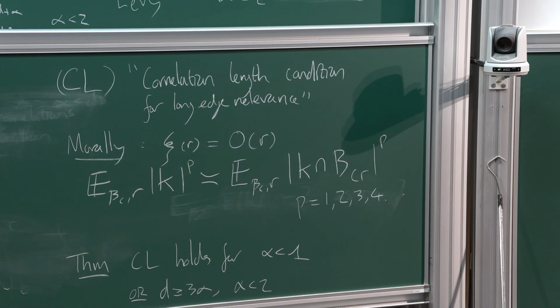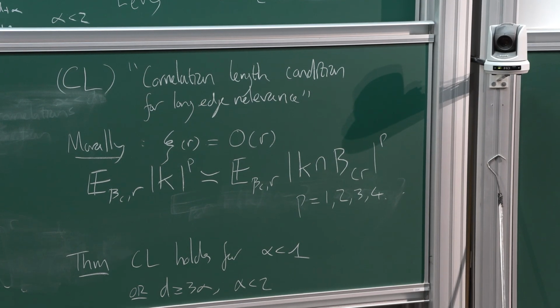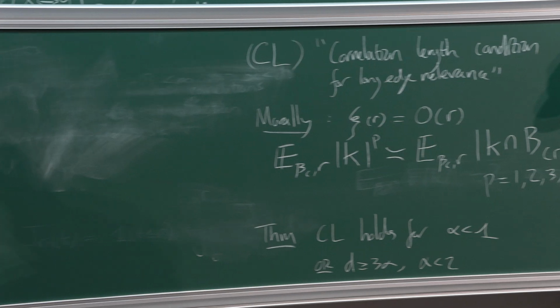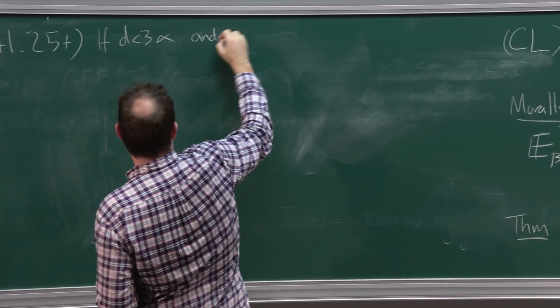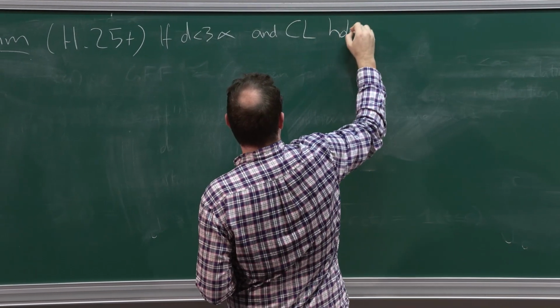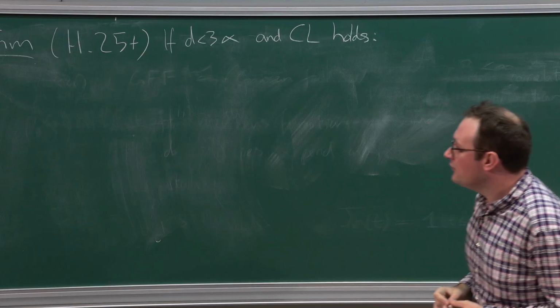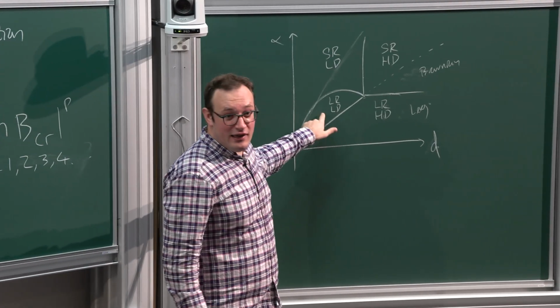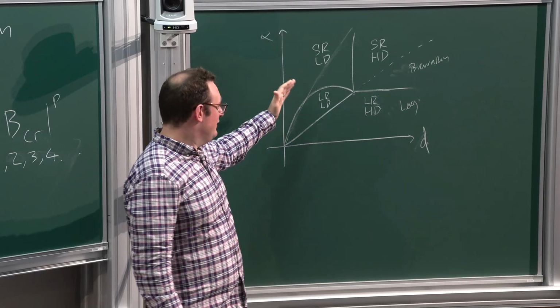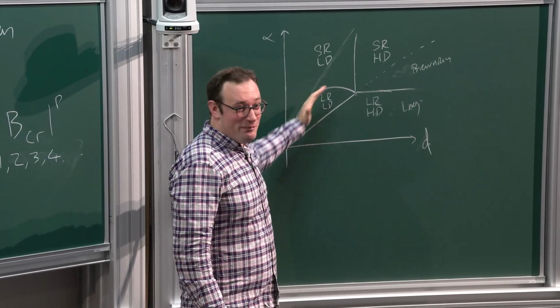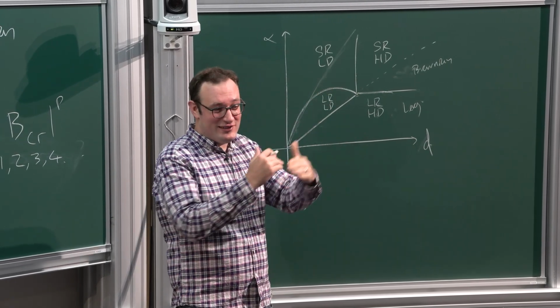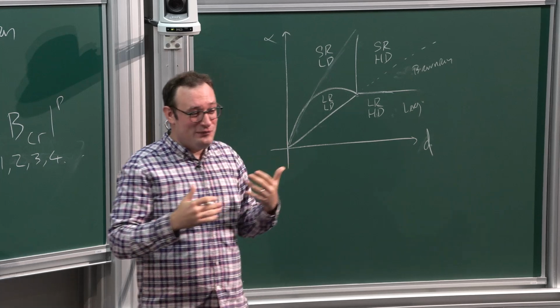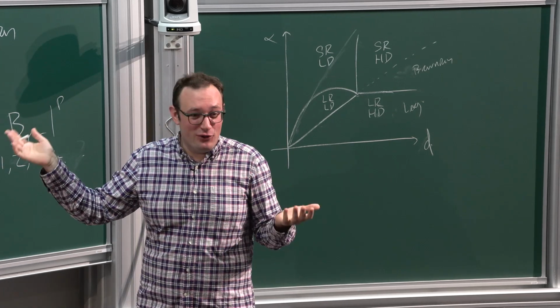Okay? So the theorem is that if D is less than 3 alpha and CL holds, so you should think of this as saying, if you're in this regime, and again, we're avoiding a discussion of what the boundary of this regime is, whether it's connected. I mean, it could even depend on the choice of norm or whatever, right?